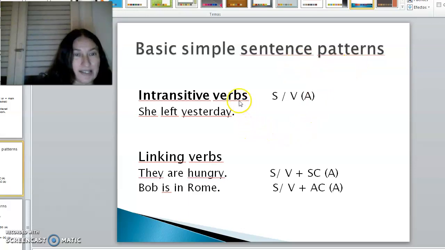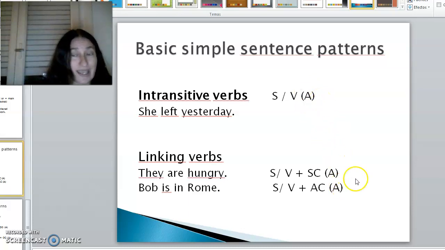If you have a sentence which includes an intransitive verb, you will have the subject, and within the predicate, you may have just the verb, because an intransitive verb requires no objects or complements. Of course, you may have an adverbial, which is an optional element, and that's why it is included between brackets.